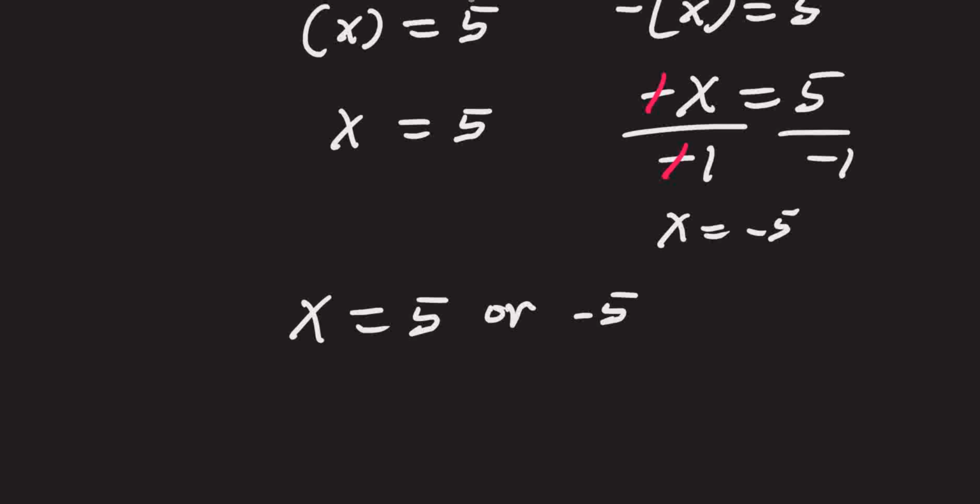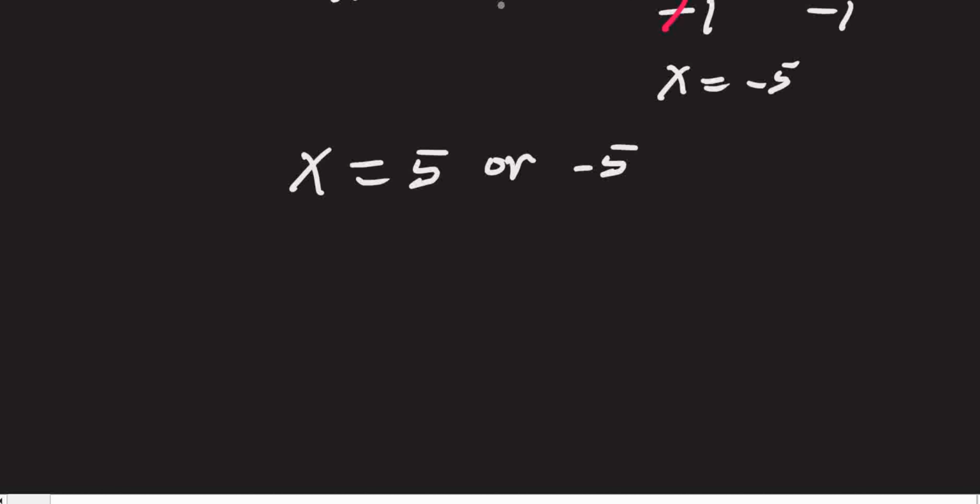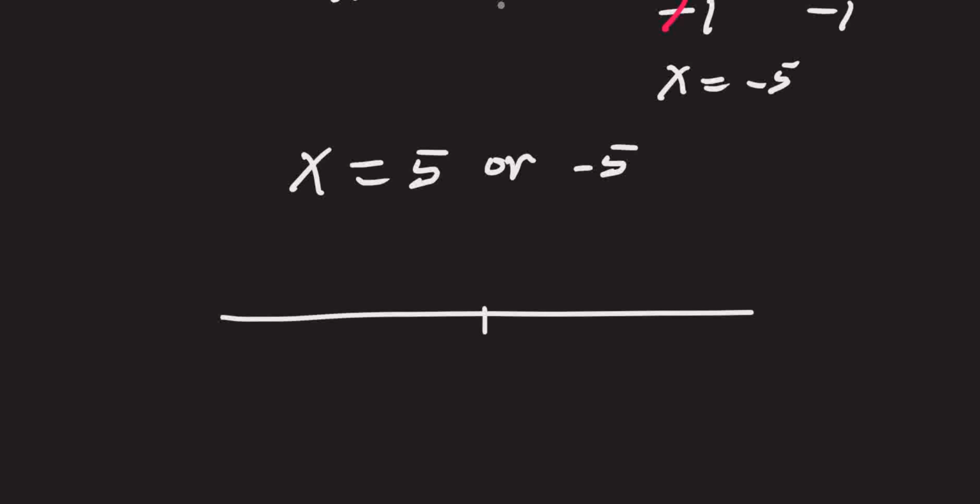Now, the concept of 5 and negative 5 is simply the distance away from the origin. Let's use a straight line. If you have a straight line and this is the origin, and of course the origin is 0, and you have 1, 2, 3, 4, and 5.